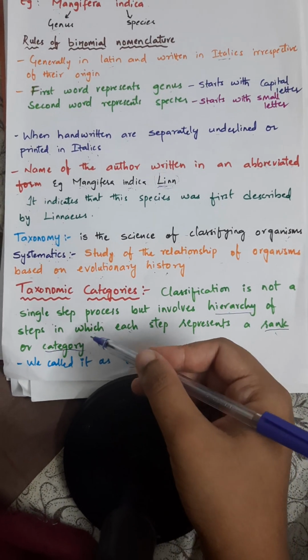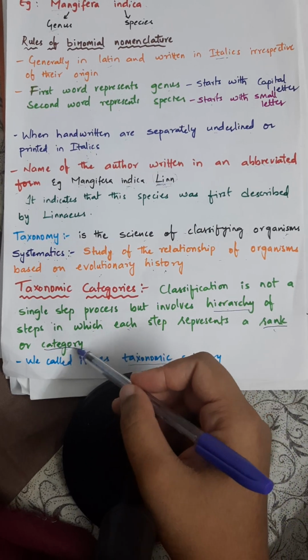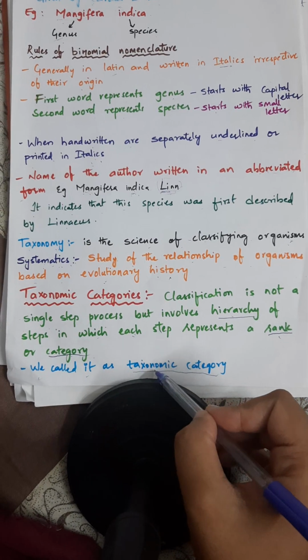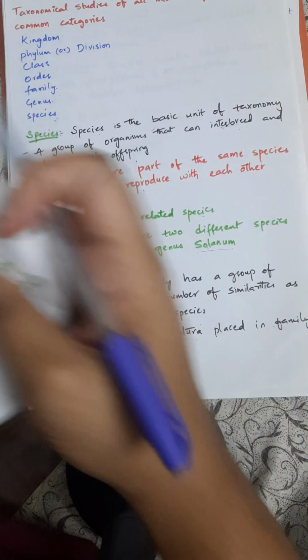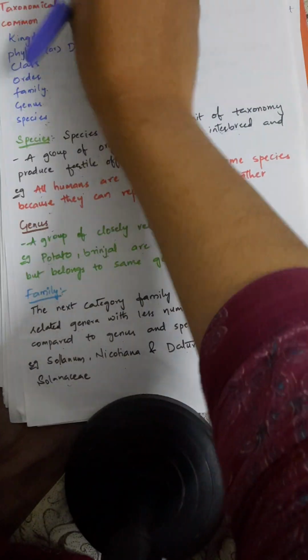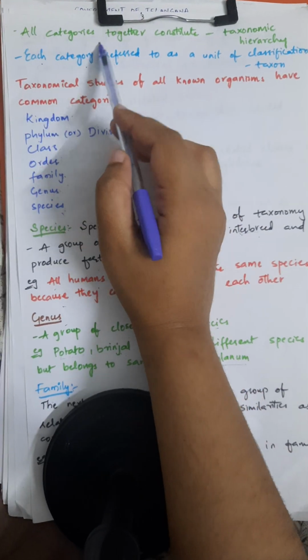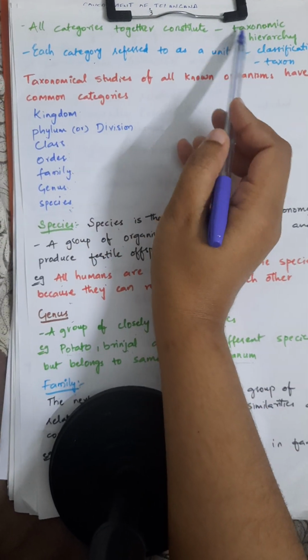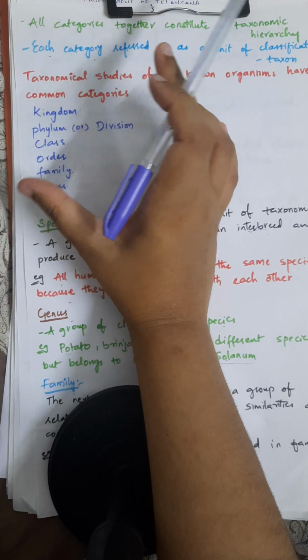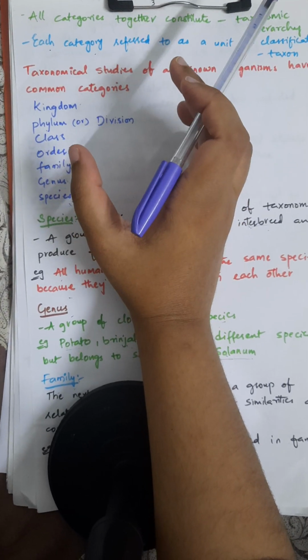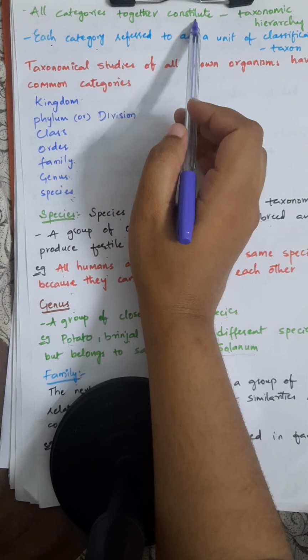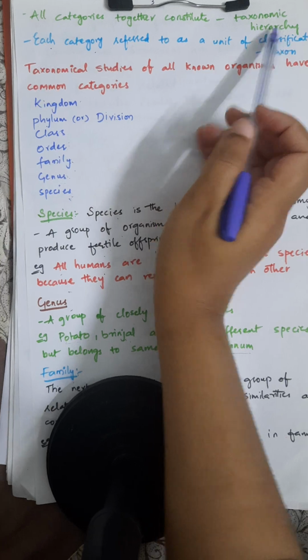We call them the taxonomic categories. All categories together constitute the taxonomic hierarchy. All the categories are included in the taxonomic hierarchy.